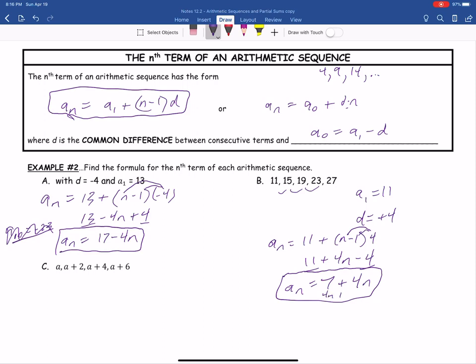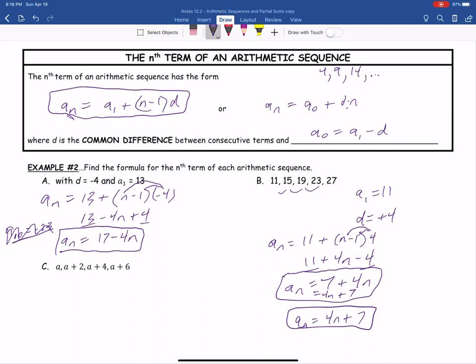It does not. If somebody writes 4n plus 7 here, we're going to take that. It's not a big deal. It probably is better, truth be told, just because this is how we've been doing it for 5 years now, since we started Algebra 1, to put your constant at the end. So that's probably better.